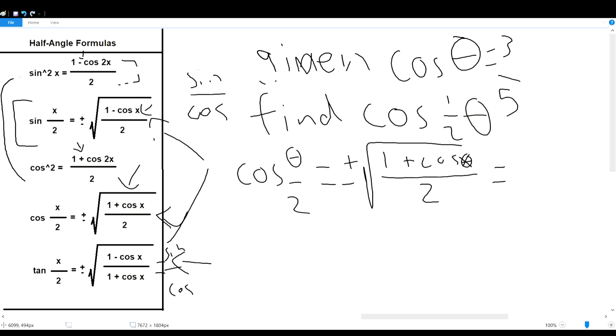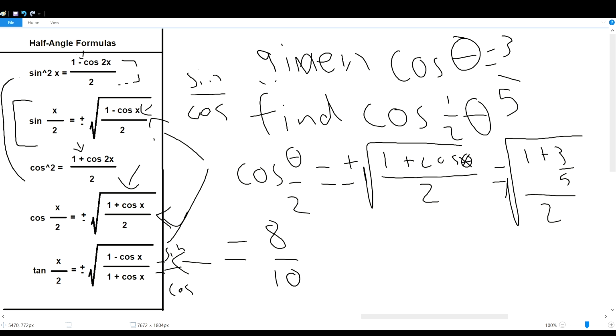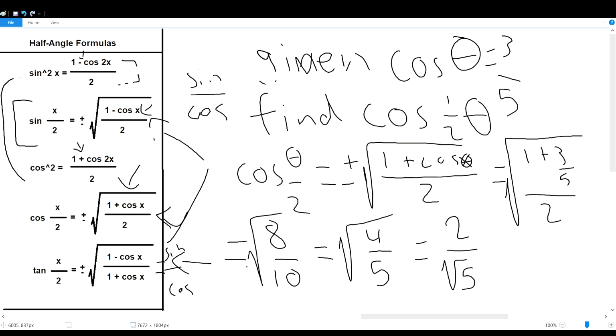So that's going to, for us, be equal to 1 plus 3/5 over 2. Tuck that all into a square root. And that simplifies to 8 over 10. Square root of 8 over 10, which simplifies further to 4/5, which then becomes 2 over square root of 5, which can also be written as 2 square root of 5 over 5.